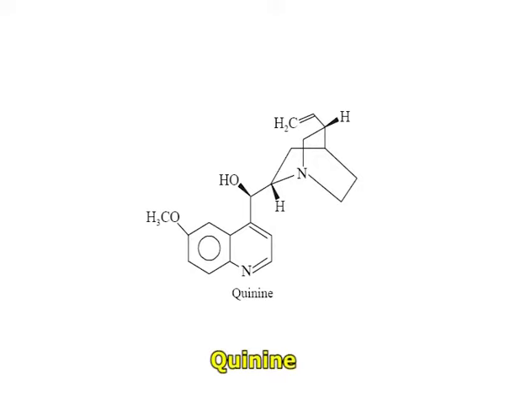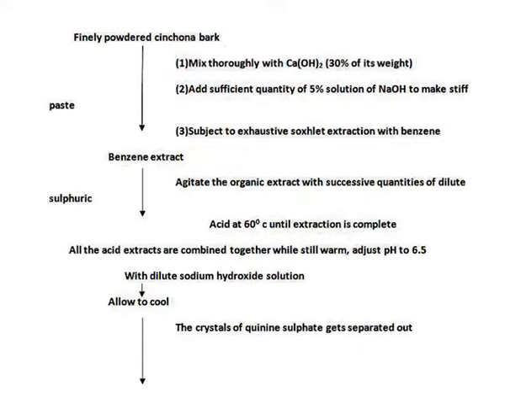Besides this industrial method for quinine, isolation of other Cinchona alkaloids for academic and other uses may be undertaken by the following general outline procedure. Finely powdered Cinchona bark is mixed thoroughly with calcium hydroxide, 30% of its weight.